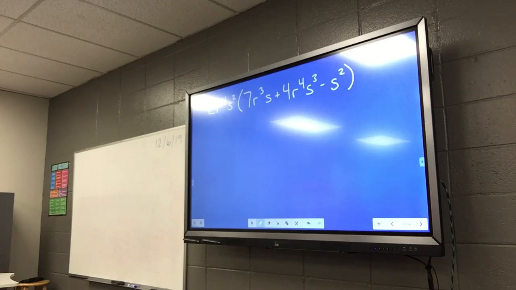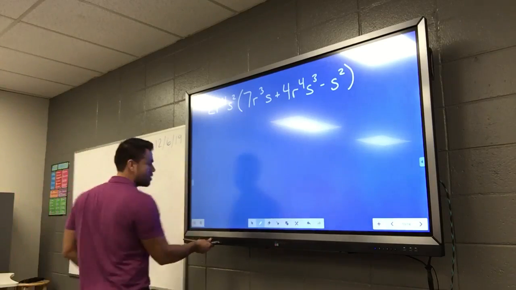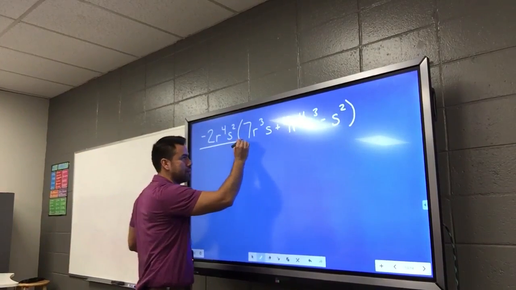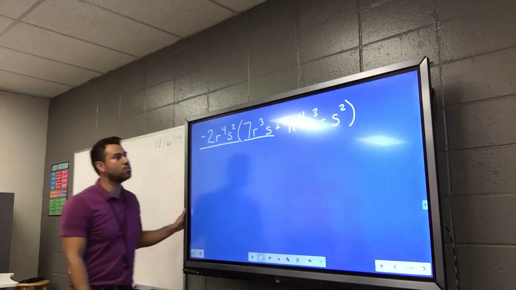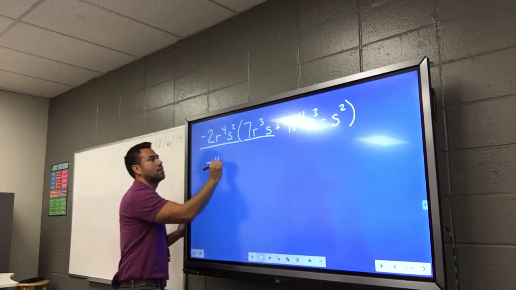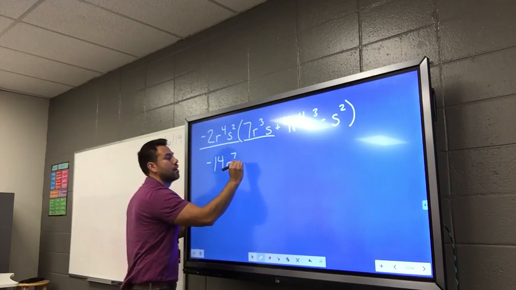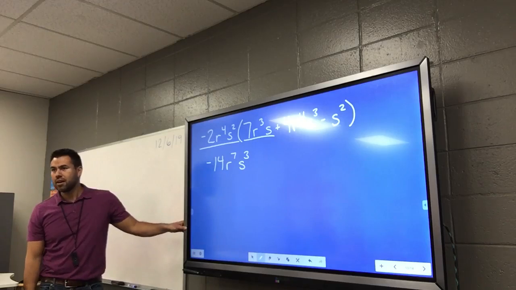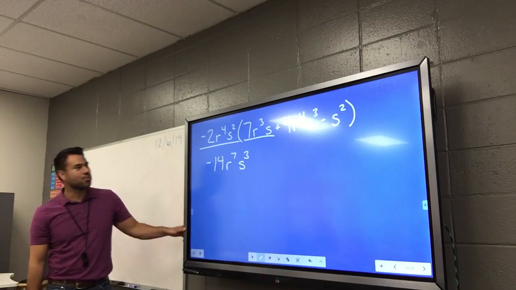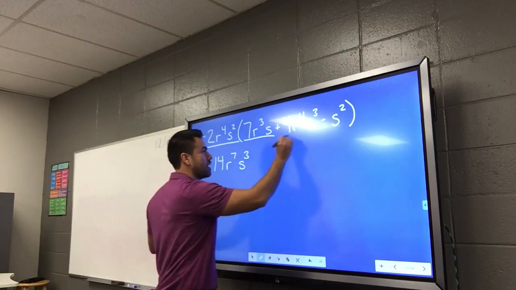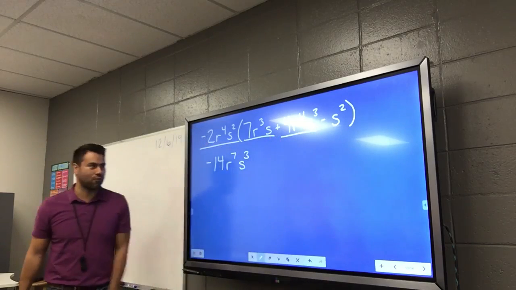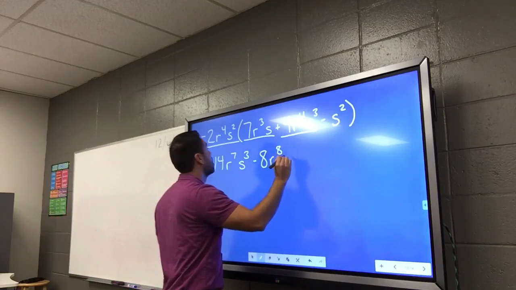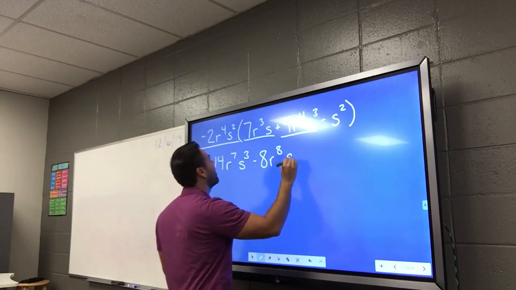Okay, I'll start asking people certain parts. Cole, what is negative 2r to the fourth s squared times 7r cubed s? Negative 14 r to the 7th and s cubed. All right, good. That's the first term. Jimbo, what's negative 2r to the fourth s squared times 4r to the fourth s cubed? Negative 8r to the 8th, s to the 5th.